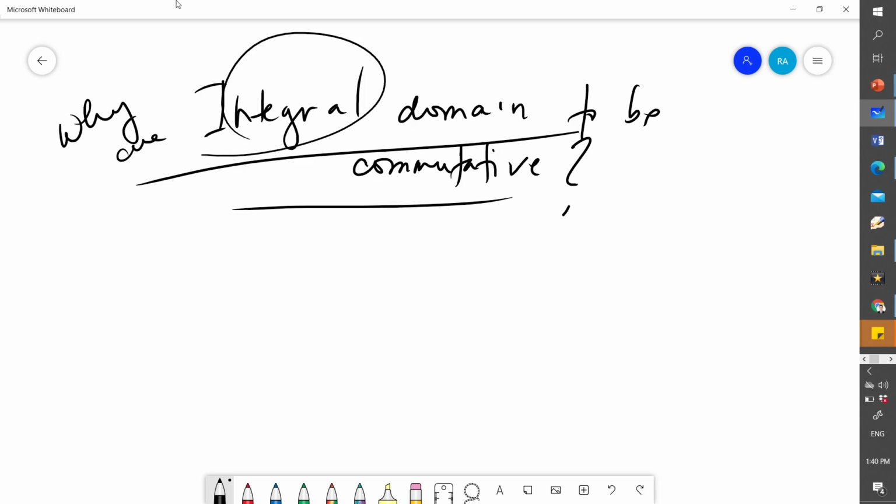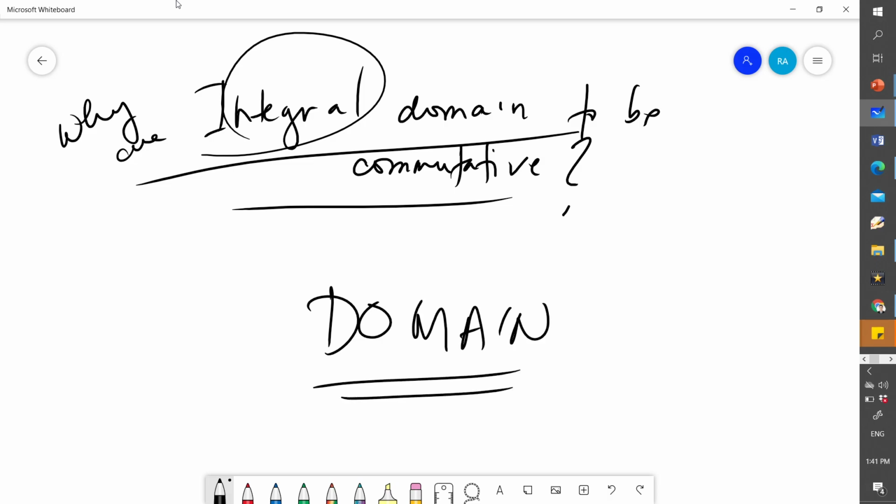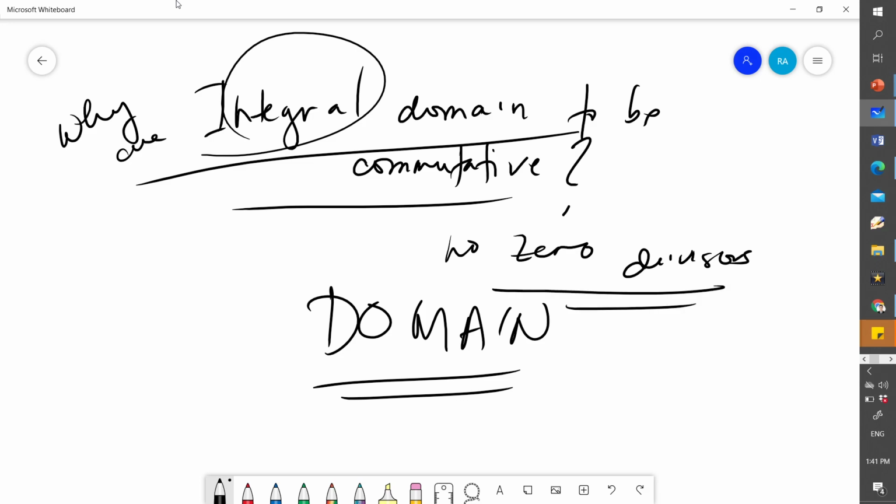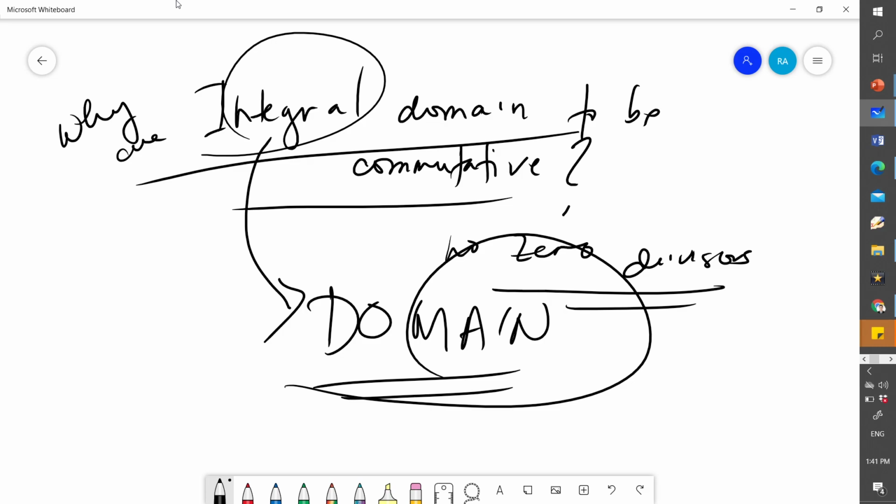There is, however, a term for an arbitrary ring with no zero divisors, which is called a domain. So it is a domain, but you encounter integral domains more frequently.